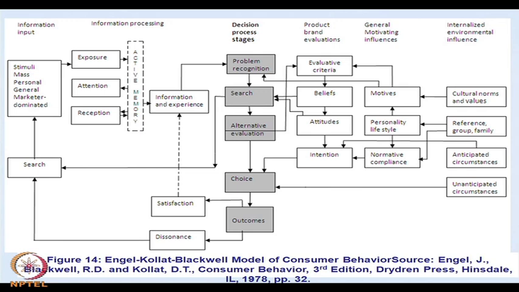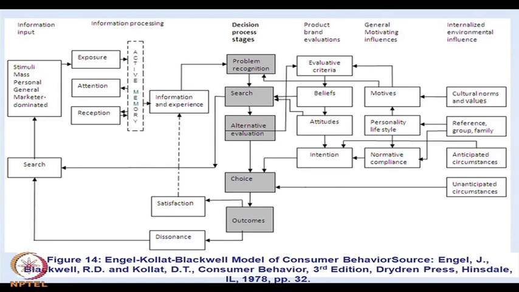The second construct in the model, if you see, is information processing. Stimuli received in the first stage provide information, and in this particular stage the information which is received is processed into a meaningful whole. The stage comprises a consumer's exposure, attention, and reception of information.